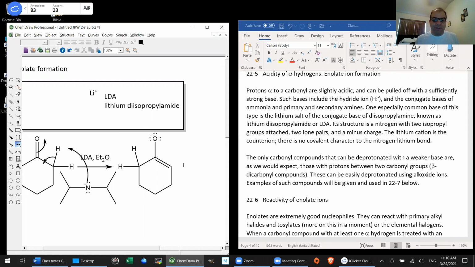Of course, that other hydrogen is still there, I just didn't show it. But you might want to ponder that before class next time. Let's say that we treated this with, I don't know, 1-bromobutane. What would the product look like? And maybe if we have time at the end of class today, we'll go over that one.